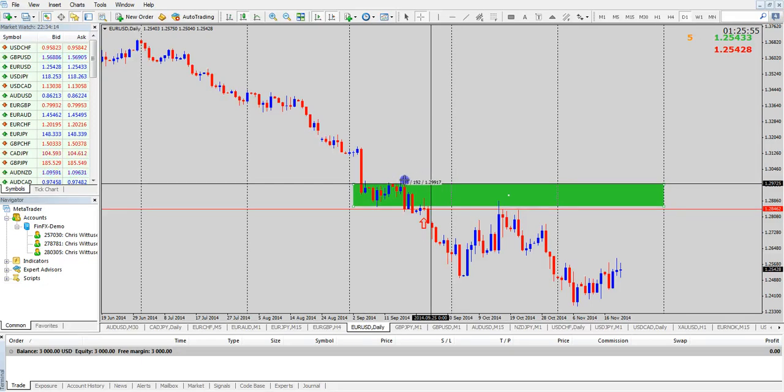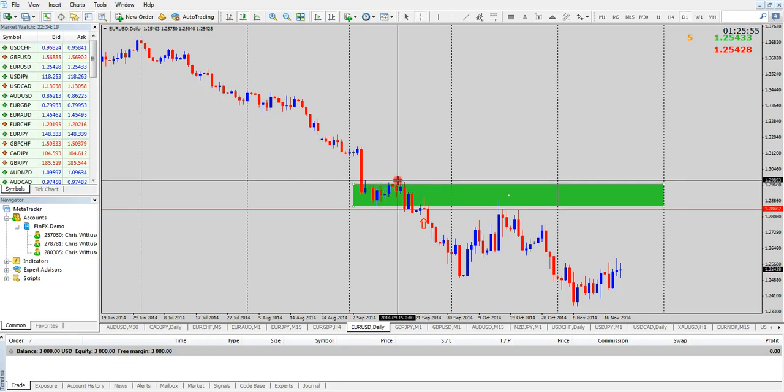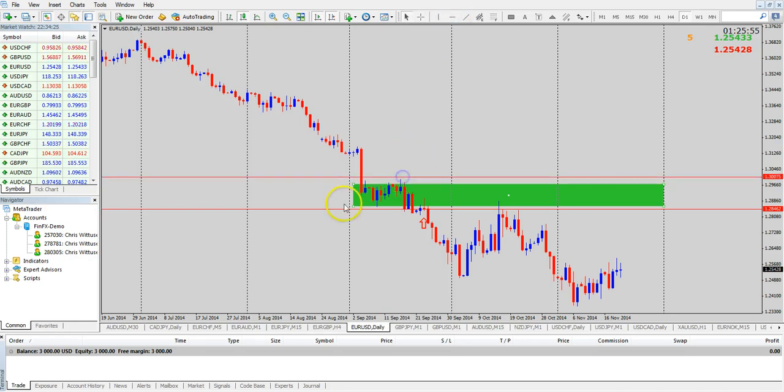But what you can do is, you see the previous peak here, which is above the box. This candle here, there's a peak there. Put it slightly above that peak. That's your stop loss. Right? We'll put the stop loss here.